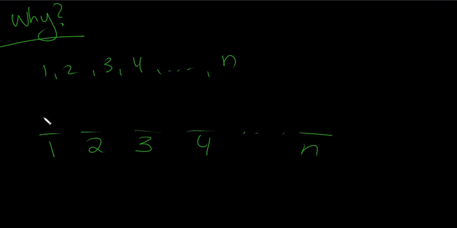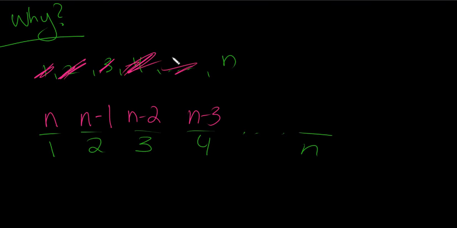Well, if I make the first choice, I have n options. I could put n people here. But once I make that decision, I have 1 less choice. Let's just say I chose this guy. Well, now I have n minus 1 choices when I choose where the second person goes. Once I make that choice, I've removed someone from the pool. Now I have n minus 2 choices. Now I have n minus 3 choices. I just keep doing that until the very end, and I only have 1 choice.